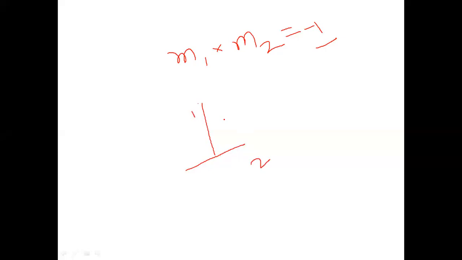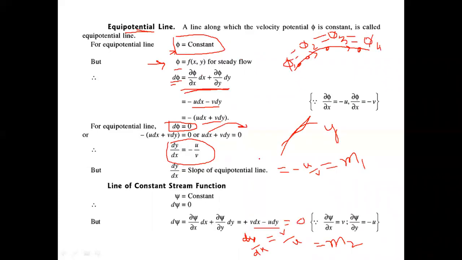Yes, sir. Okay. So what can I say about the equipotential line and the line of constant stream function? If you multiply m1 and m2, what will it become? It will become -1. The m1 is minus u by v, and m2 is v by u.